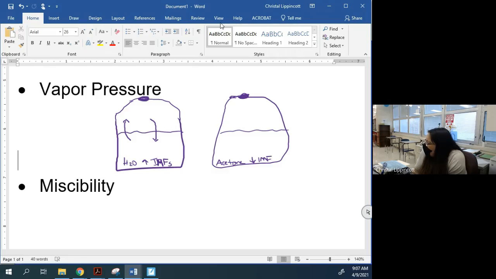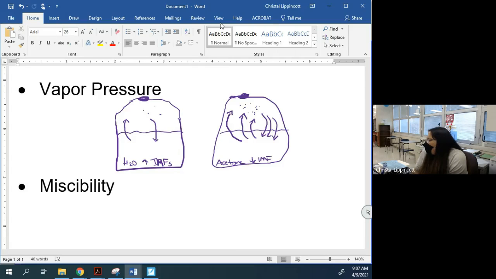Now, acetone, because it has fewer IMFs, we get more of it going up into the gas stage compared to the water. You know, it's going to have constant exchange, but you're still going to have more in the gas state up here than you would have for the water, okay?